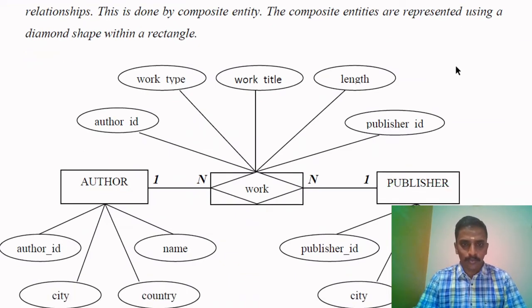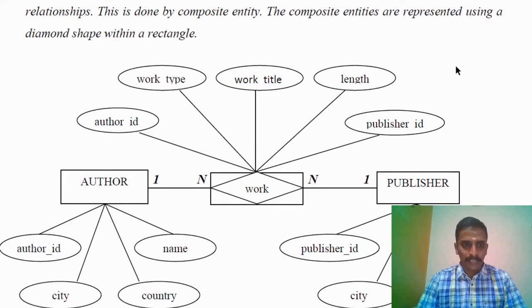In this diagram, work is the relationship name, which is mentioned in the diamond shape. That diamond shape will be inside the rectangle, so it is called a composite entity. This composite entity relationship has two entities, that is author and publisher.